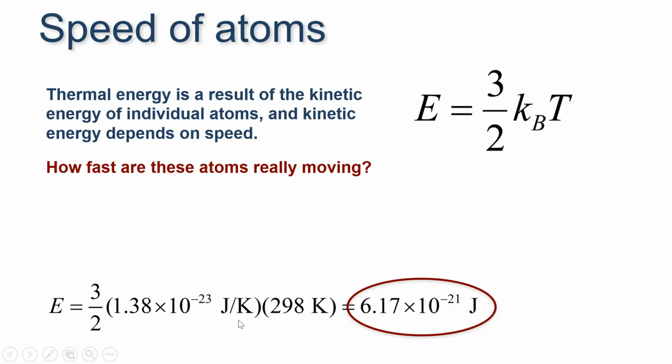So it says, how fast are atoms really moving, right? So we can figure out that velocity based on the energy, okay? So at room temperature, so we're going to say at room temperature, this is like 25 degrees Celsius, okay?